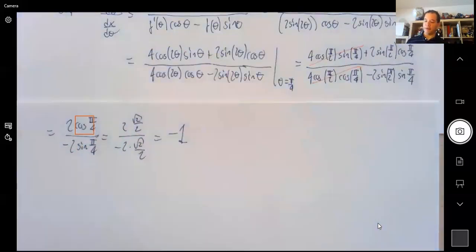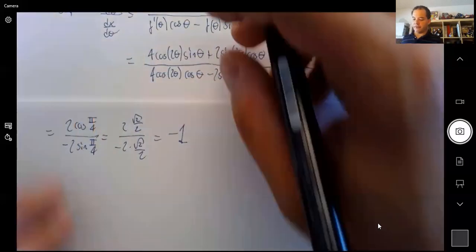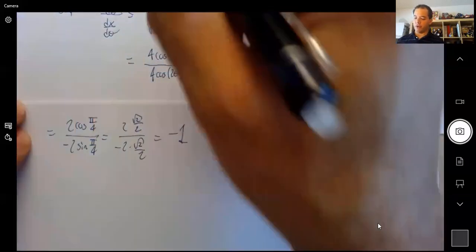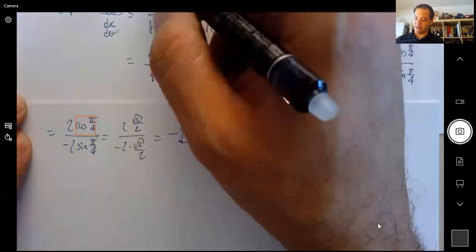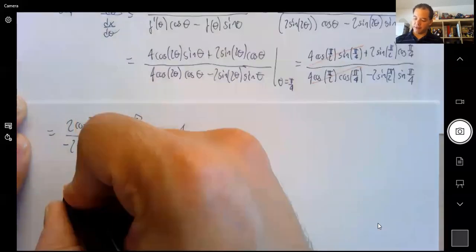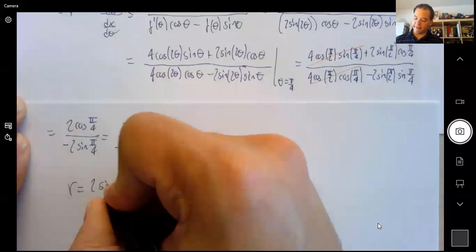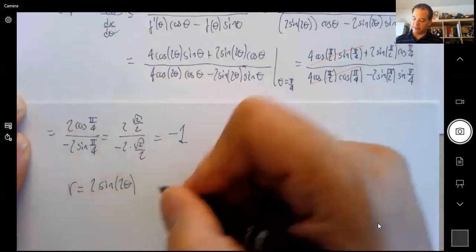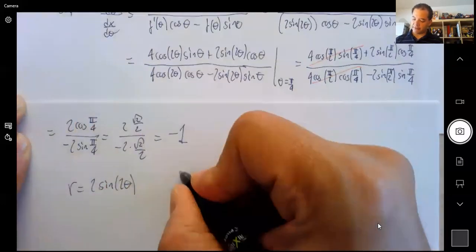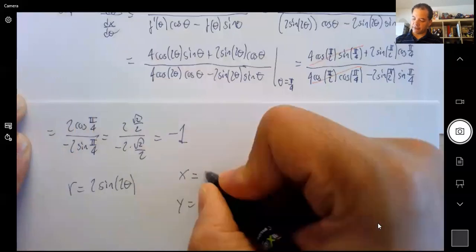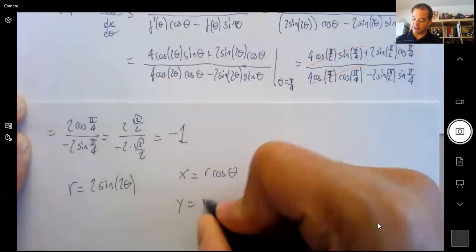So that's the slope. And then to find the point, you just plug pi over 4 into the x and the y, right? So r is 2 sine 2 theta. And so what is x and y? x is r cosine theta and y is r sine theta.